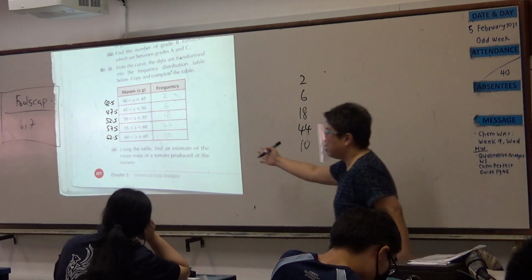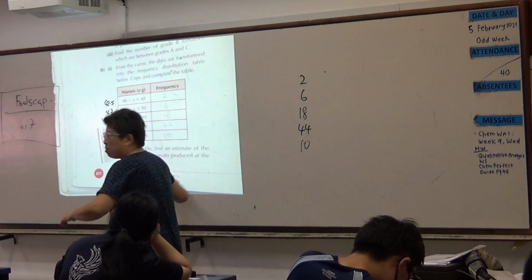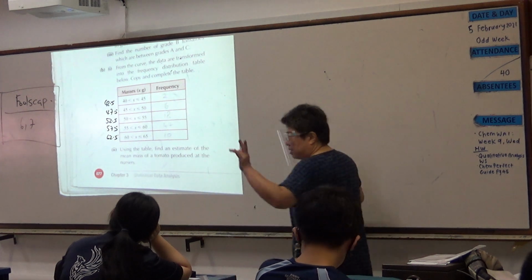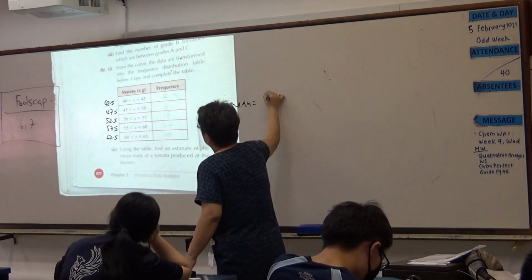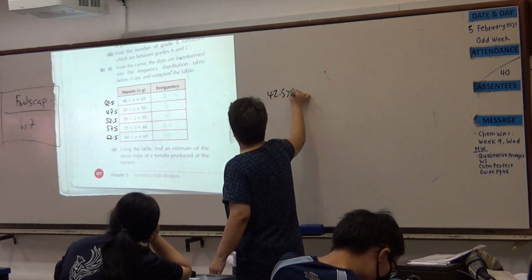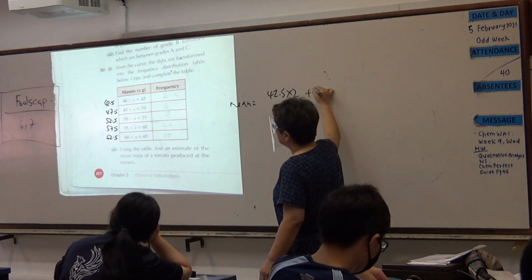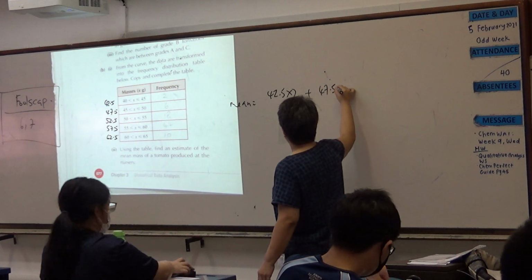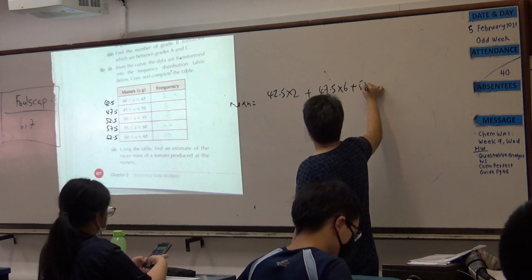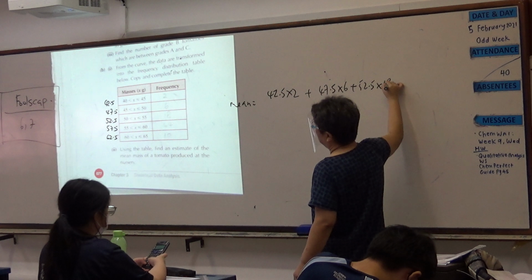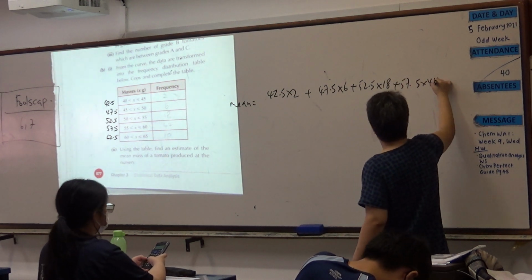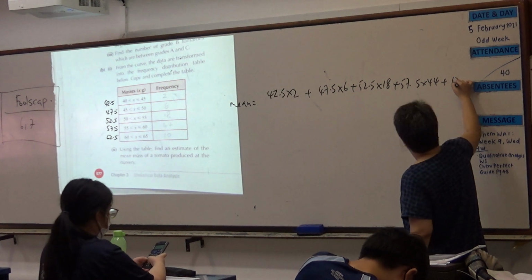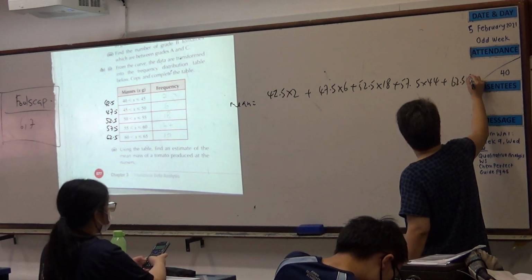Then, how do I get the mean? Remember I told you yesterday, first thing I revised is how to get the mean. So, the mean will be what? 42.5 times 2, right? Plus 47.5 times 6 plus 52.5 times 80, 57.5 times 44 plus 62.5 times 10.